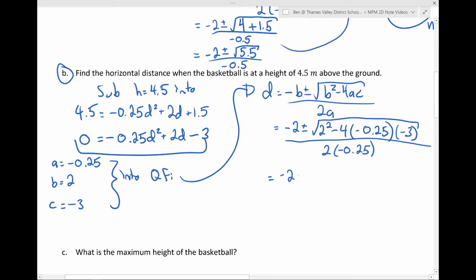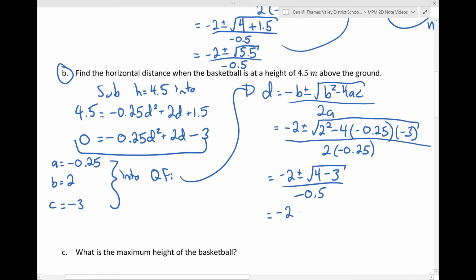Working on forward, we're simplifying this. So negative 2 plus or minus the square root of 4 minus 4 times negative 0.25 times negative 3. If you can do this in your head, that's great. That's minus 3. Divided by 2 times negative 0.25, that is negative 0.5.